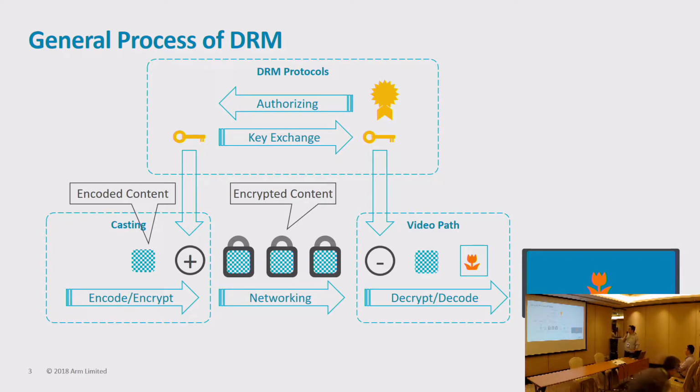On the sender side, there is some encoded content, which will be encrypted with the negotiated key. Then all the bit streams will be transferred over the network. On the receiver side, we use the key to decrypt it, decode it, and display it on the monitor. So on the device side, here is the weak path.